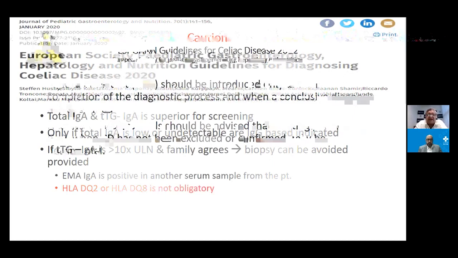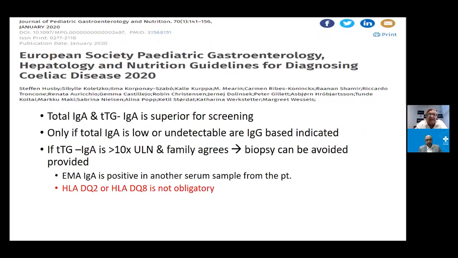In recent guidelines, the European Society has indicated that total IgA and TTG IgA is superior for screening. IgG-based tests are indicated only if total IgA is low or undetectable.